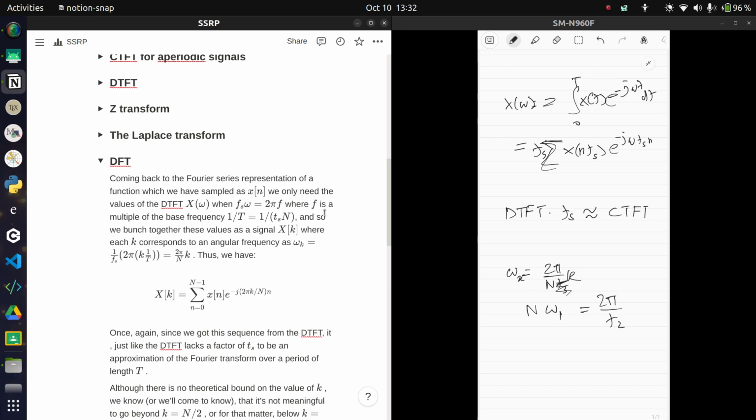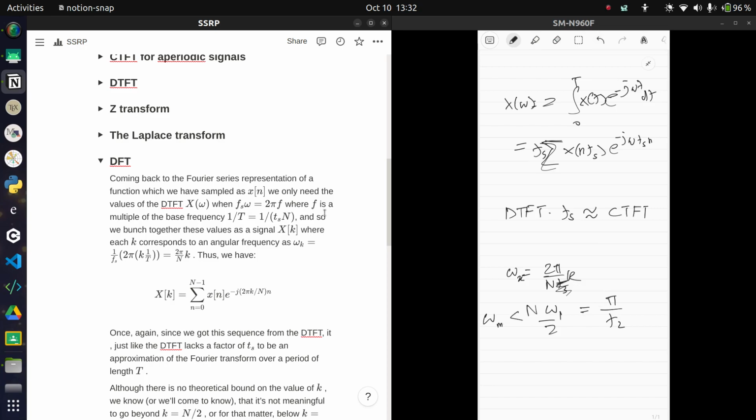Right, so n times omega sub 1, that's this thing, and we want half of that, so this is that upon 2. So your biggest frequency, omega max, because these are angular frequencies, should be less than this value.